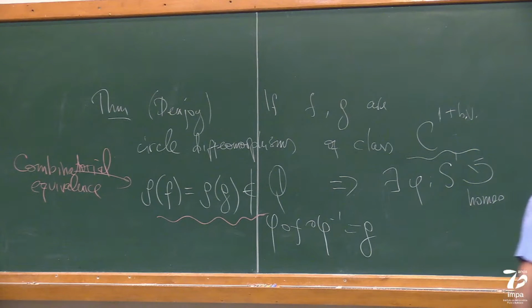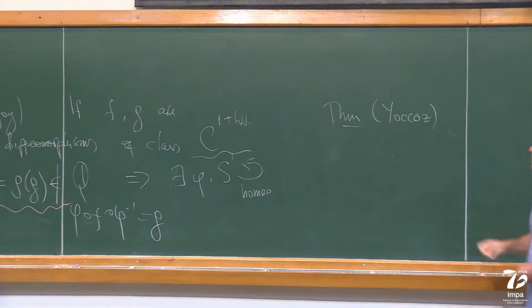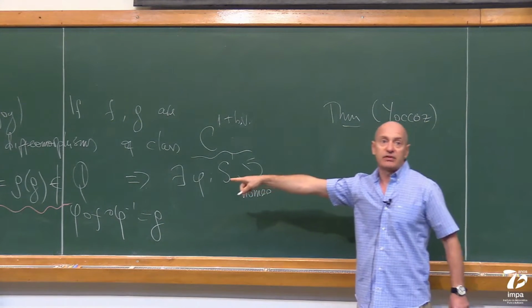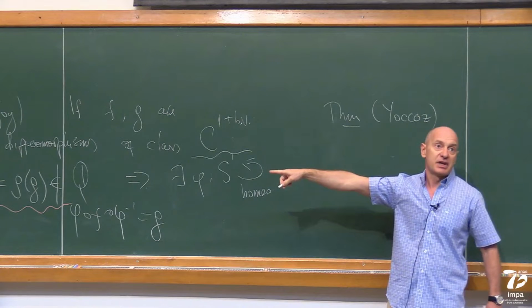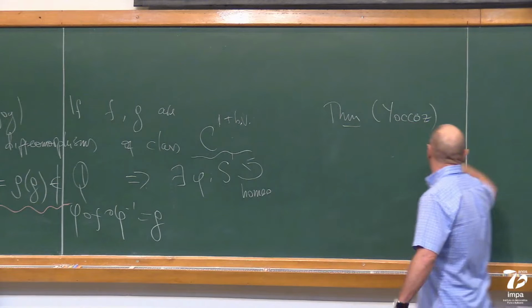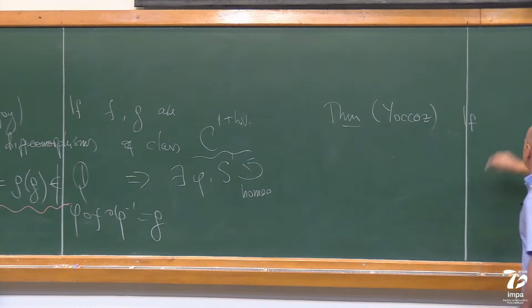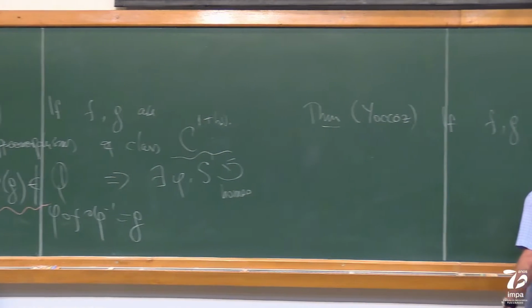And by the way, since I'm also going to be talking about maps with critical points, let me also formulate a more modern counterpart of this, which is the theorem of Yoccoz, from the 1990s, I believe, which extends the theorem of Denjoy to maps with critical points. In that case, f and g should be sufficiently smooth, let me say C^3, although you can do less.